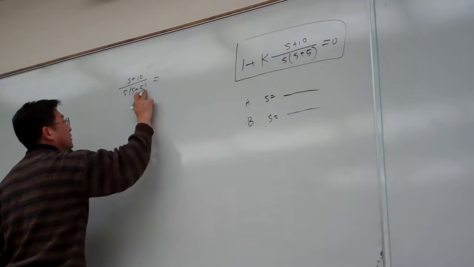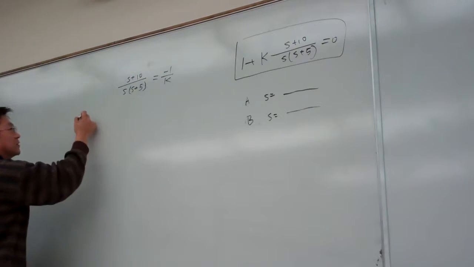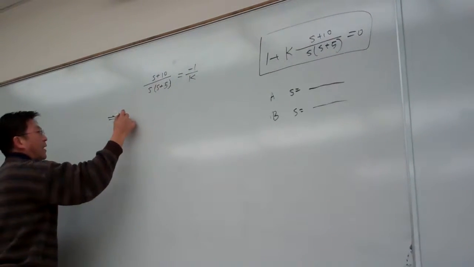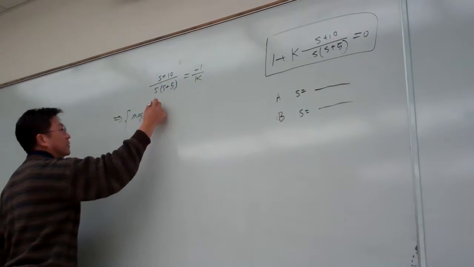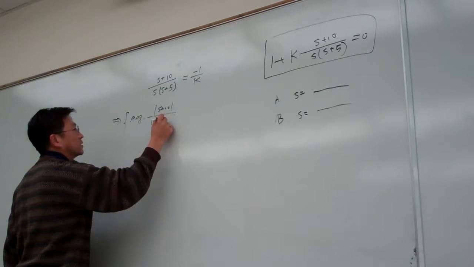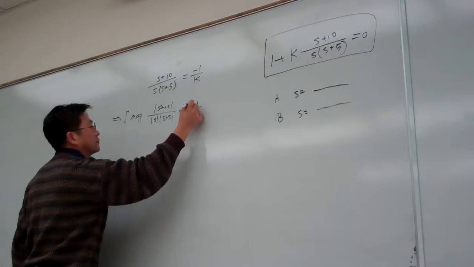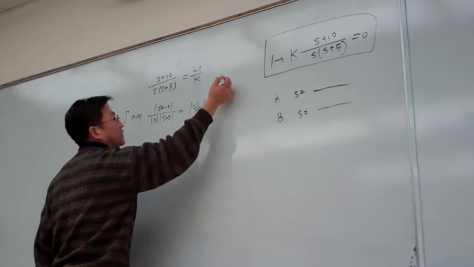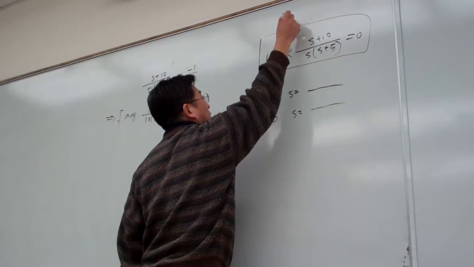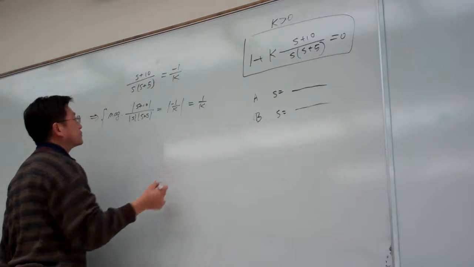So this one is equal to minus 1 over k, right? So here we have the magnitude criteria. That means the product of 1 over s plus 10 and 1 over s plus 5 equals minus 1 over k. In my assignment, k is a positive number.